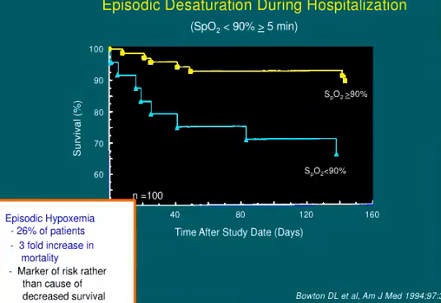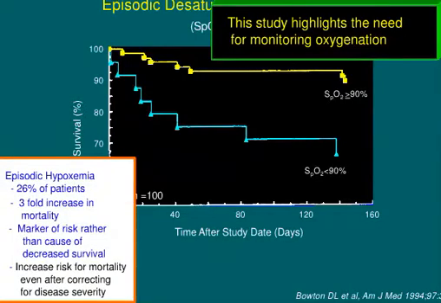Now, this hypoxemia could just be a marker of the risk rather than the cause of decreased survival. But even when they corrected for the disease severity, they were still able to show an increased risk of mortality with hypoxemia. So this study just highlights the need for monitoring oxygenation. And obviously the most common way we do it non-invasively is with the pulse ox.